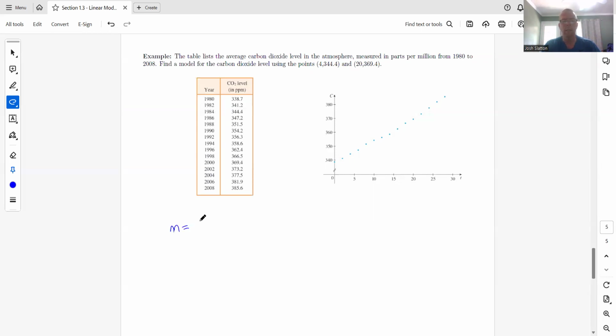So we have 369.4 minus 344.4 over 20 minus 4. And that gives us 1.5625. So that is our slope.